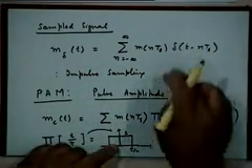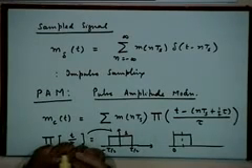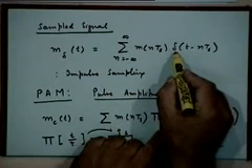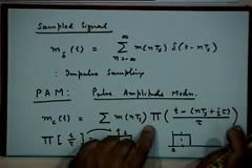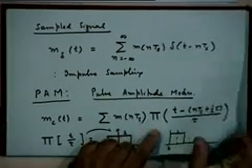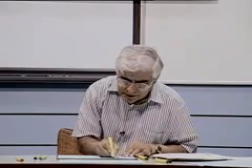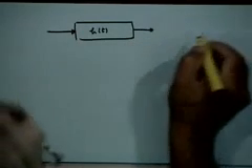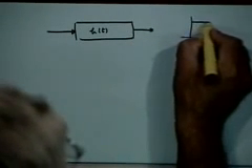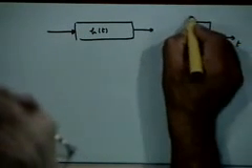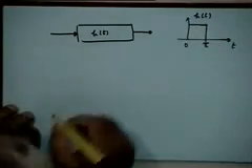Now, how can I obtain this signal from this signal? Basically, you have to go through a filter which converts this impulse into this rectangular pulse, isn't it? That is what you have to do. So, if I pass this impulse sample signal through a filter whose impulse response h(t) looks like this, right?